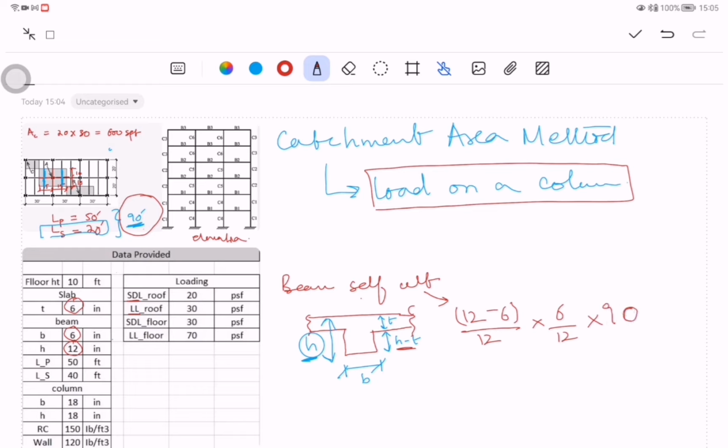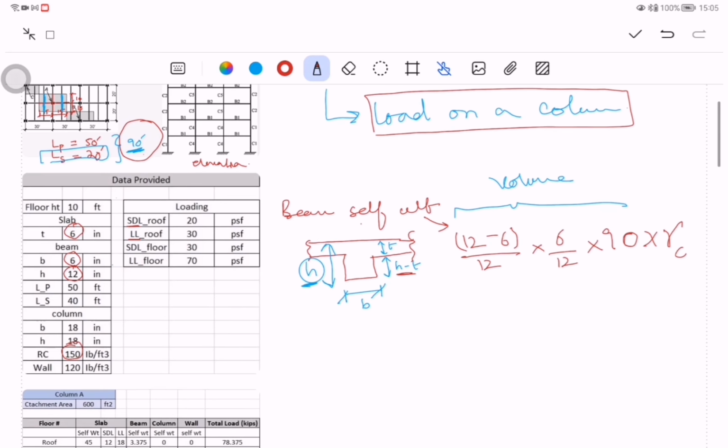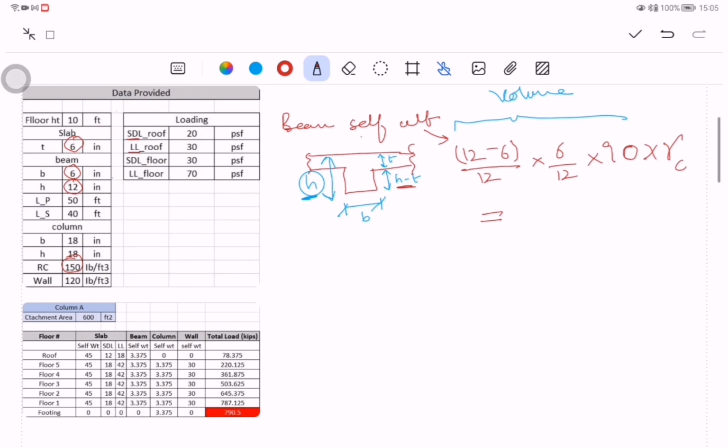This is your volume, and you multiply it with the density, which is 150 pounds per cubic feet. After dividing by 1000, you will get 3.375 kips, and the number is over here.